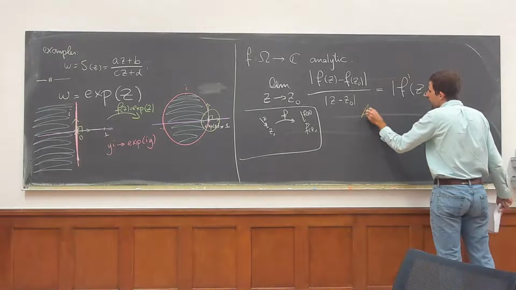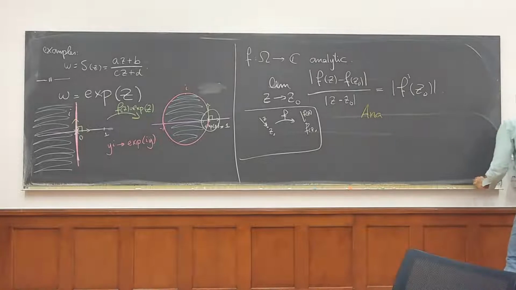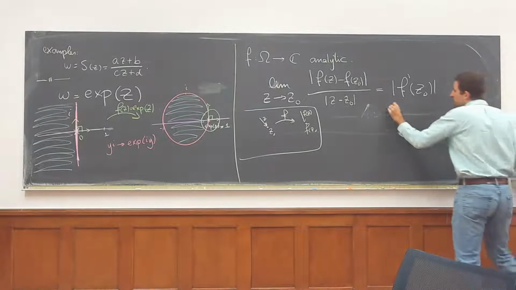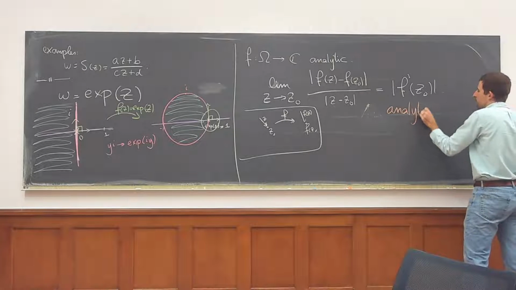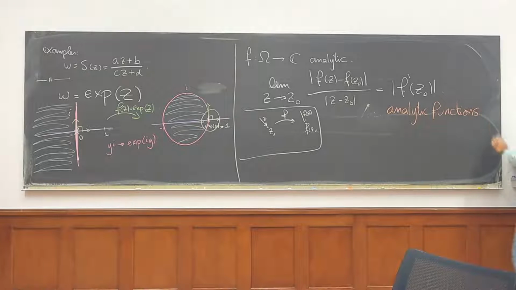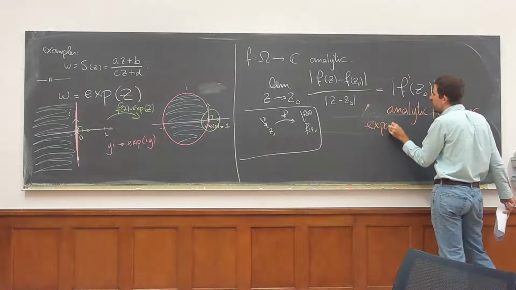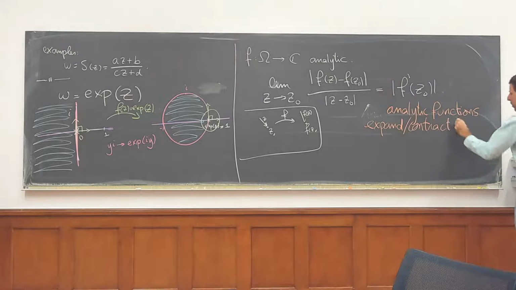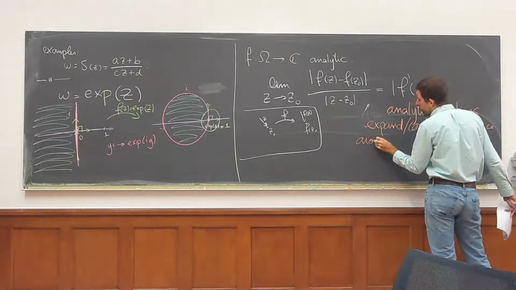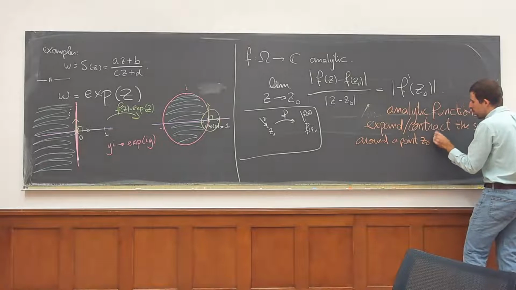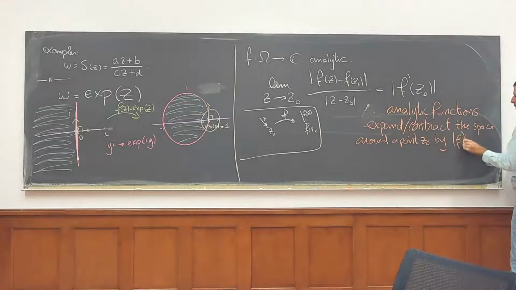That analytic functions expand or contract the space around a point, say z0, by f prime z0.